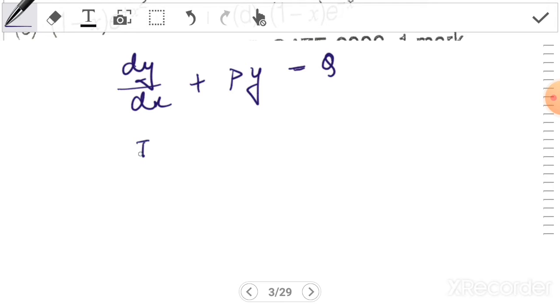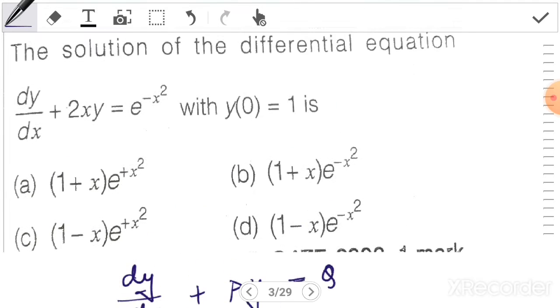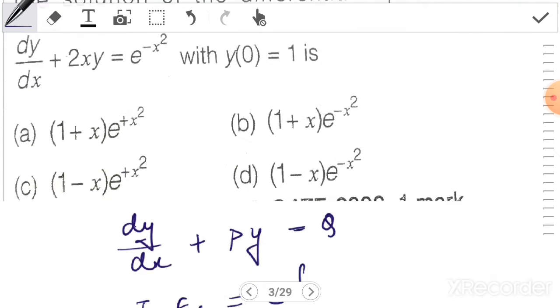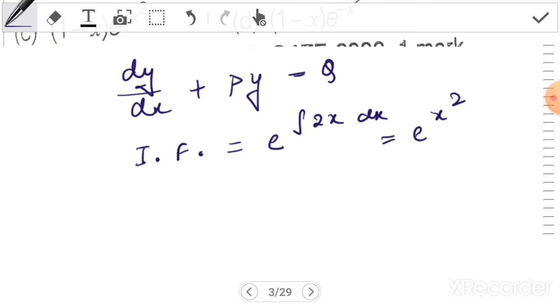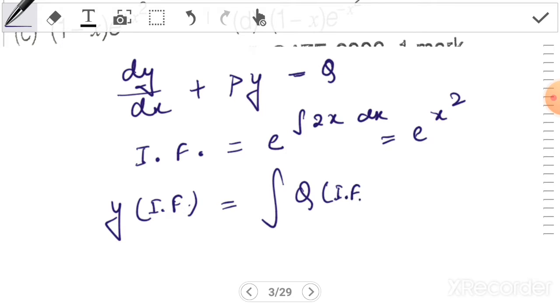So the integrating factor is equal to e^(∫p dx), and that is ∫2x dx, which is equal to e^(x²), and the solution is y times the integrating factor is equal to the integral of q times the integrating factor dx plus c.